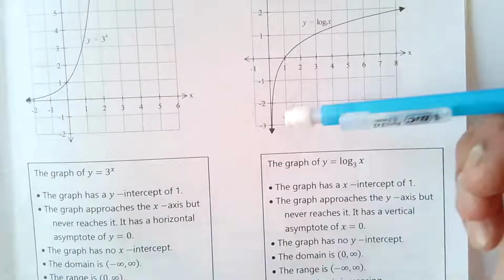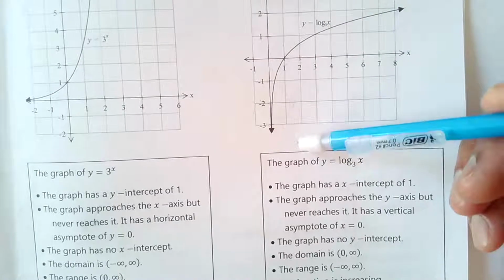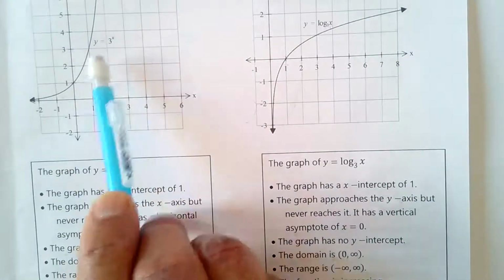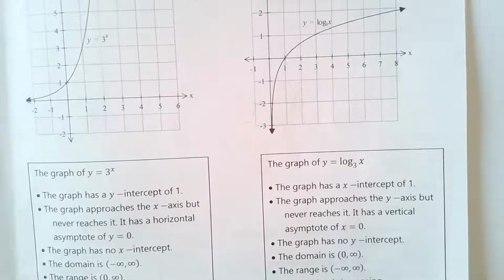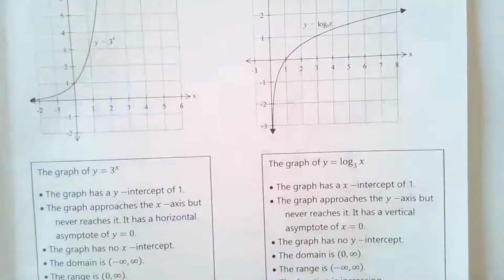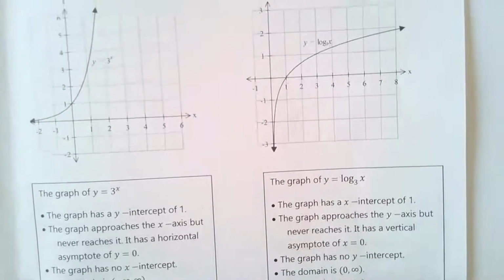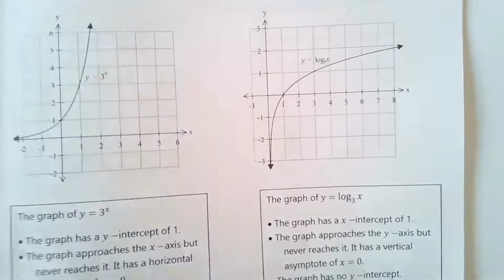The range for the log function is all the real numbers, negative infinity to positive infinity, while the range for y equals 3 to the x is y is greater than 0. Now that's for 3 to the x. So they're related. This is what we'll be completing by the end of lesson 2, which will be done in the next lesson.